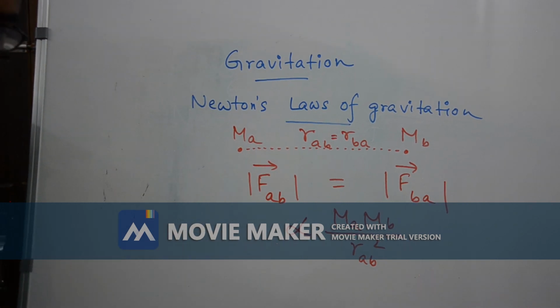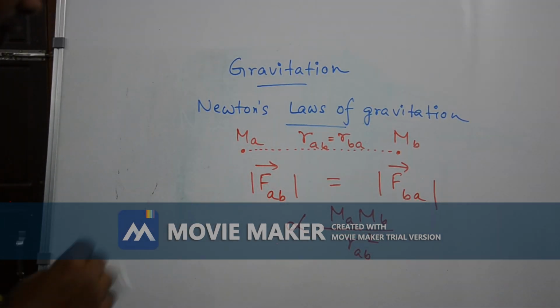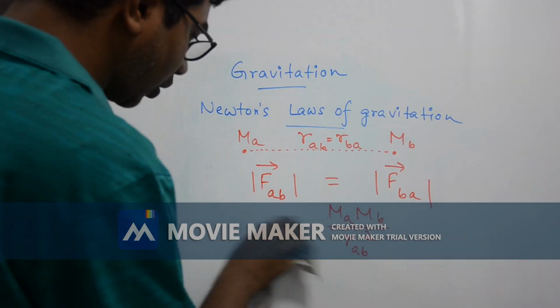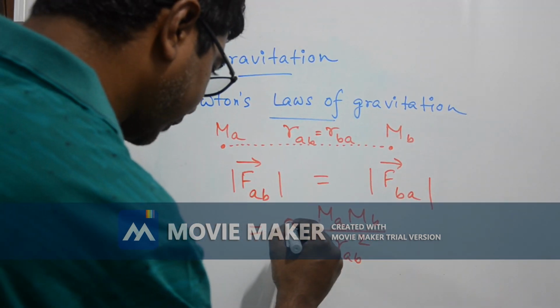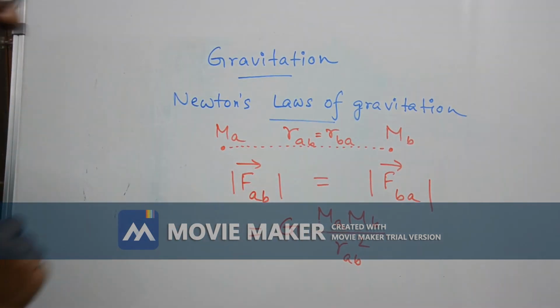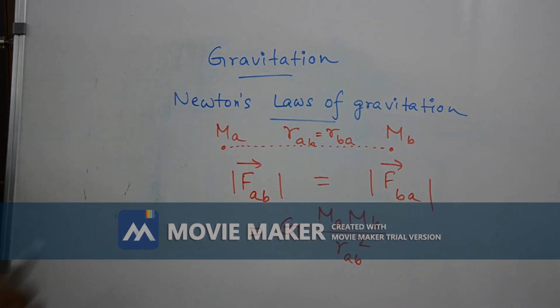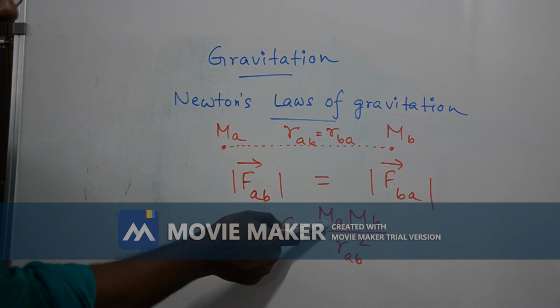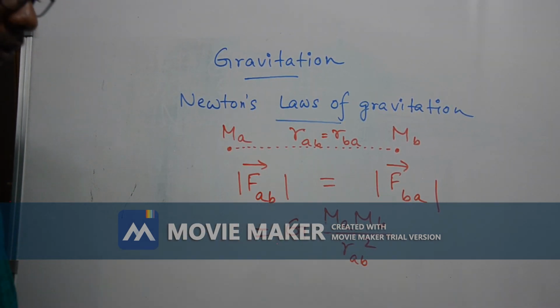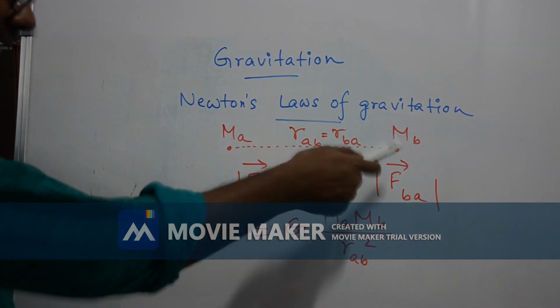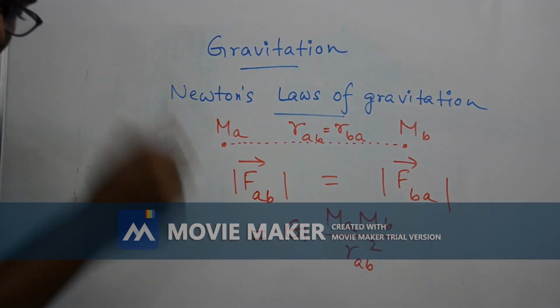Now there is a proportionality constant which has come in front. In order to remove that proportionality constant, what we will be doing is very simple. It's the simple law of variation. We'll introduce a constant G which will definitely not be dependent on the mass Ma, nor on the mass Mb, and definitely not on the distance between those two point masses. Now the question is, what is G?